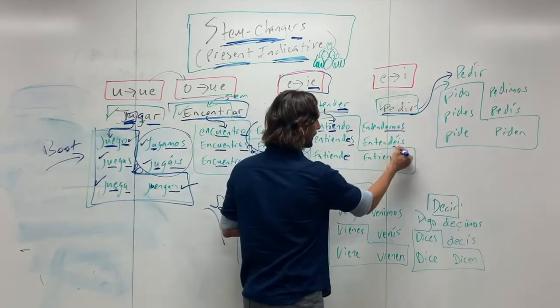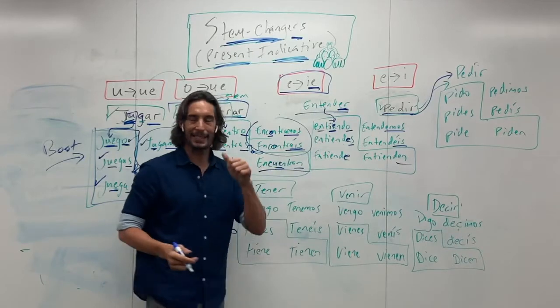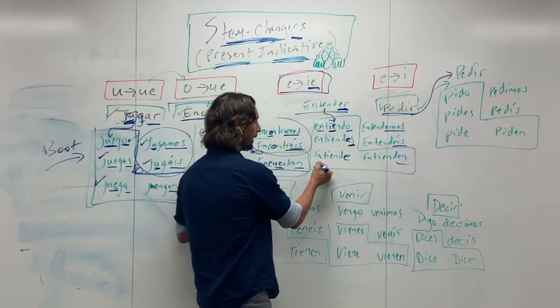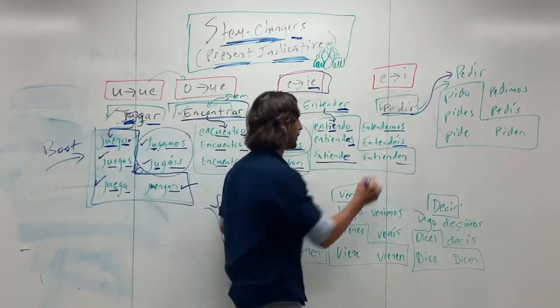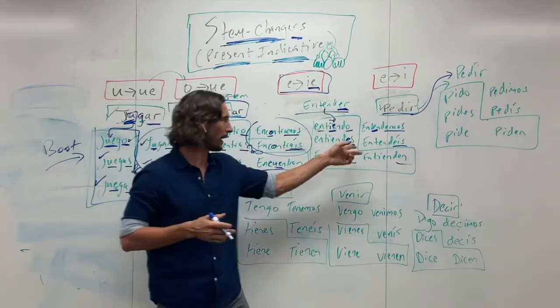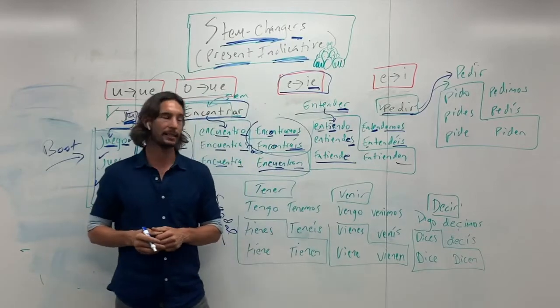We've got to agree with the fact that it's an ER verb. And so that's why we have those endings. So we have entiendo with an O, entiendes, tú, entiende, third person singular, entendemos, again, no stem change, and then for vosotros, entendéis, right?